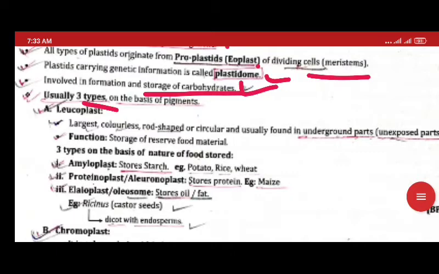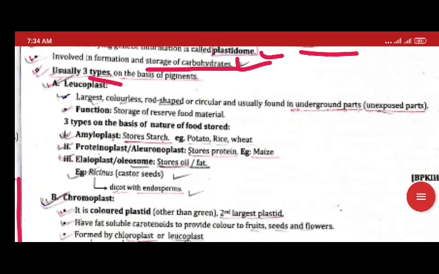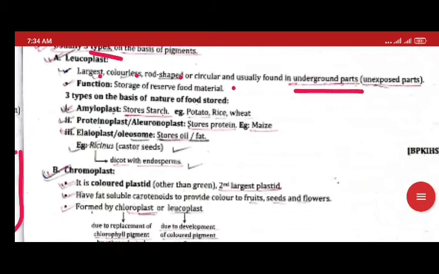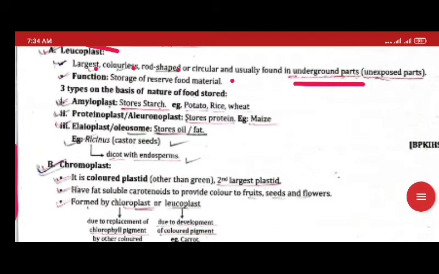Now there are three types on the basis of pigment. First is the leucoplast, which is largest among all, colorless, rod-shaped or circular also, and found in underground parts. Its function is storage of reserve food material. Now three types on the basis of nature of food storage. We have amyloplasts, which store starch, like in rice, potato, wheat.